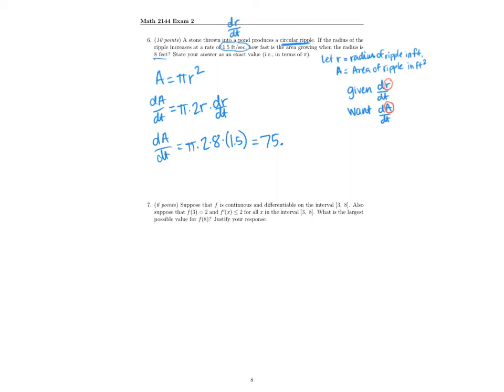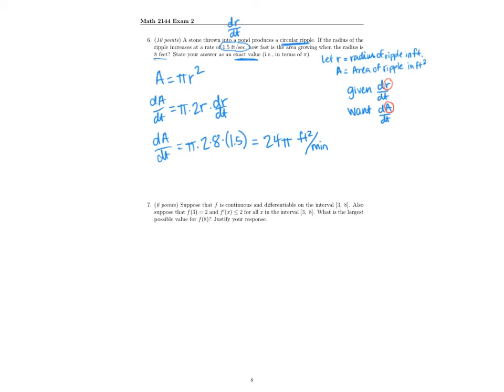Oh, it says state your answer as an exact value. Okay, never mind. Sorry, I just noticed it said state as an exact value, so in terms of pi. If I do 2 times 8 times 1.5, that's 24. So I'll write this as 24 pi. And the units of that are the units of dA dt. The units of area are square feet, and the units of time are minutes. So the units of dA dt are square feet per minute.